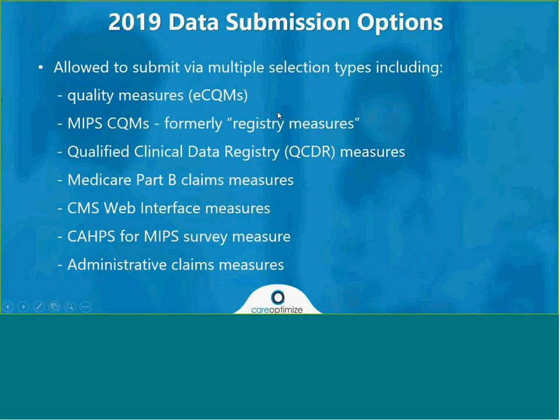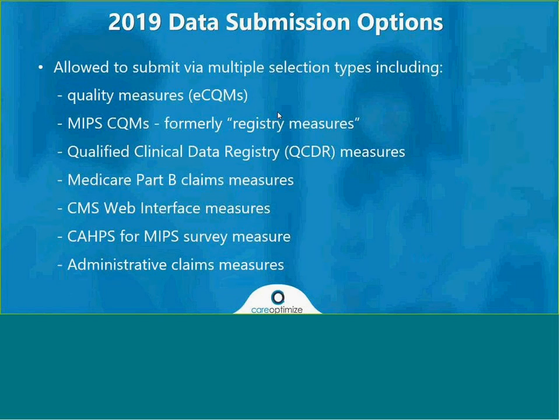Okay, your data submission option. So this is a big change. Last year in 2017 and in this year, groups were not able to select multiple submission methods. In 2019, they will allow multiple methods for submission.